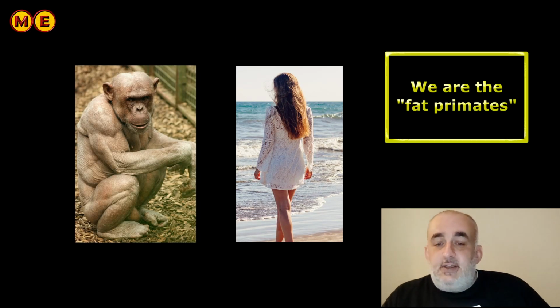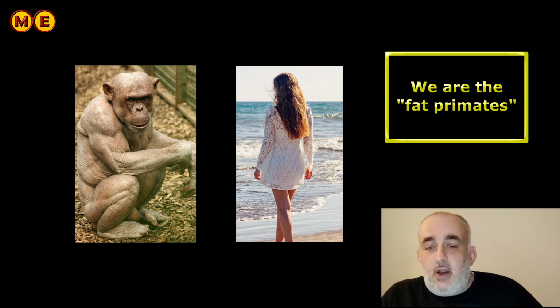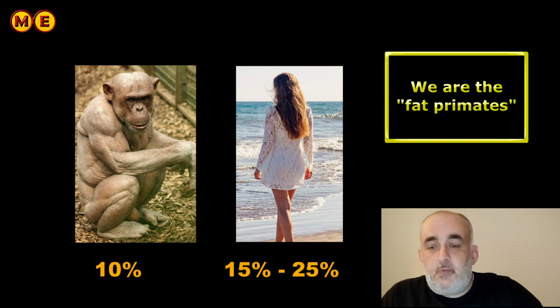Even more interesting is the fact that we humans are really good at storing fat. And some scientists joke that we are the fat primates. Because compared to our closest relatives, gorillas, chimpanzees, and all other primates, who can store a maximum of about 10% of body fat, we can store much more.